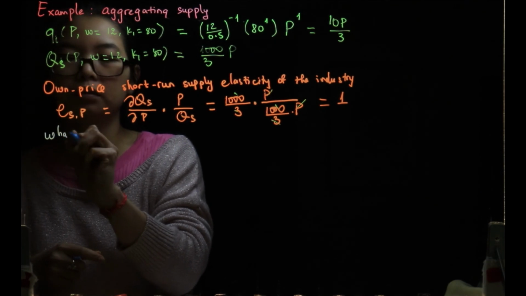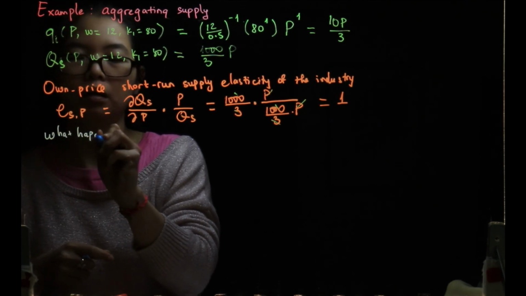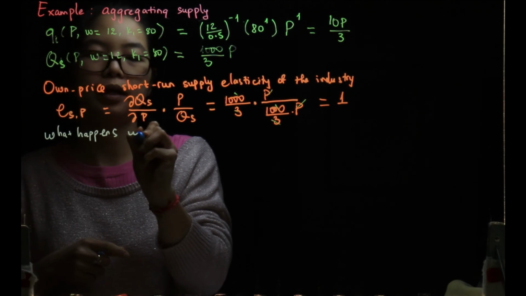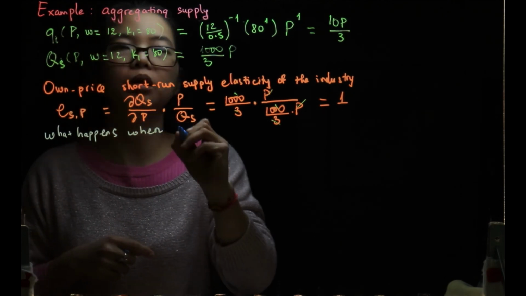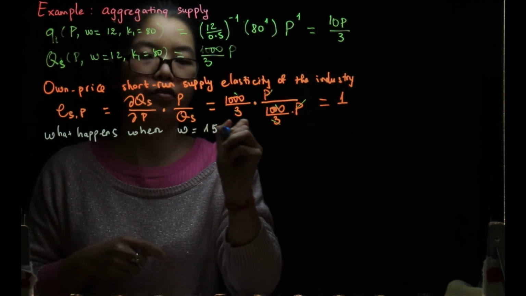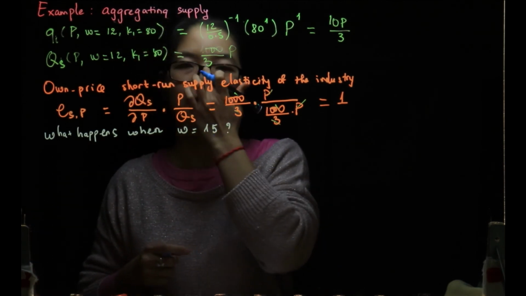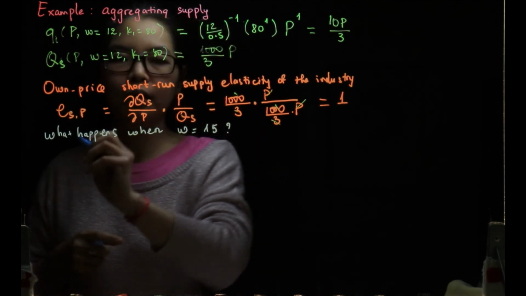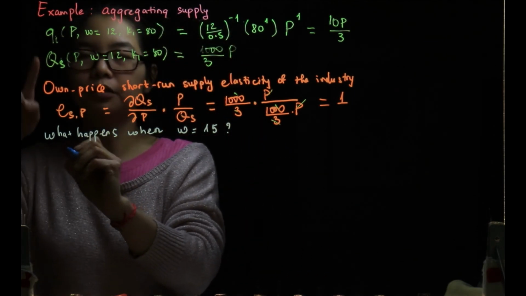Now the next thing I would like you to think about is what happens when, for example, instead of W equal 12, now we have W equal 15. What happens then? Let's try it out.